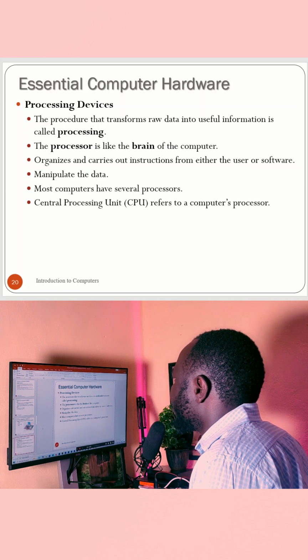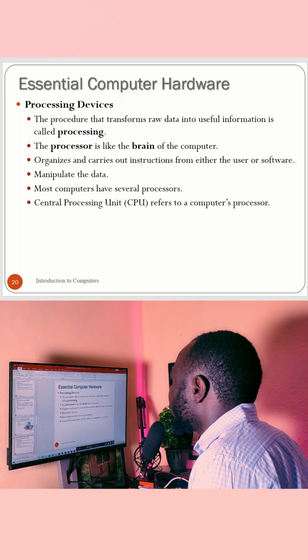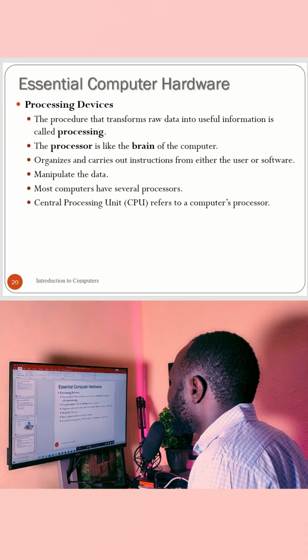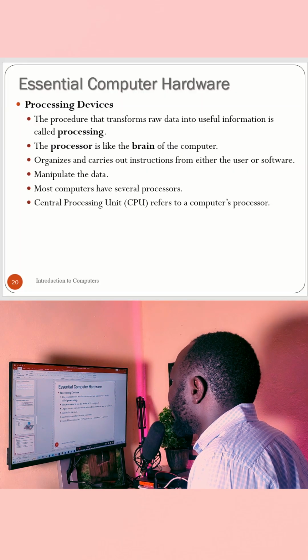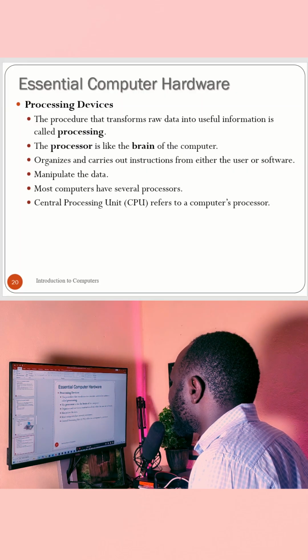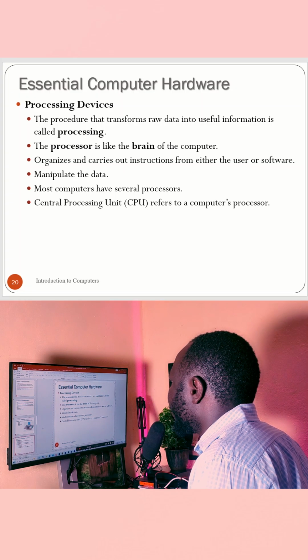Then we have the processing devices. The procedure that transforms raw data into useful information is called processing. I'm not going to overemphasize this slide because I've talked about it before. The processor is like the brain of the computer. It organizes and carries out instructions either from the user or the software.